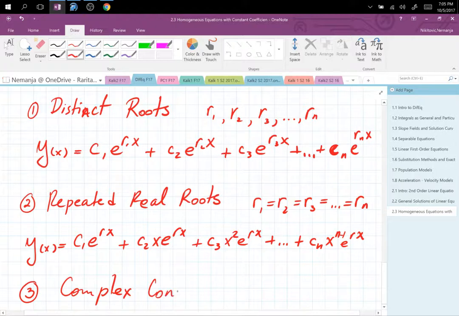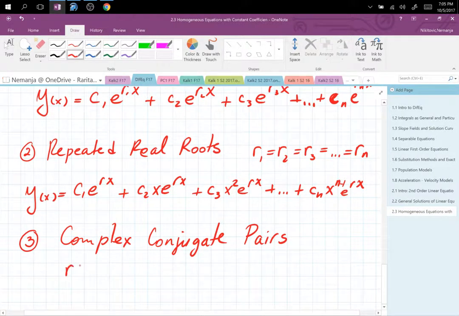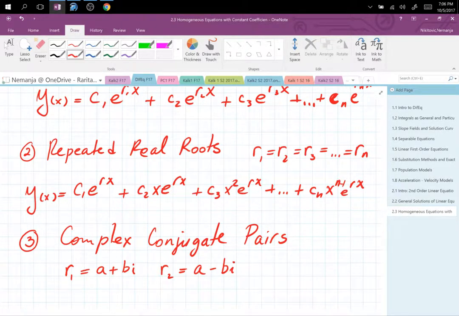Complex conjugate pairs. Well, this is where your R1 is A plus BI, and the R2 is A minus BI. You have to have A equals A, B equals B, and then the sign in the middle is switched, which creates a complex conjugate pair.